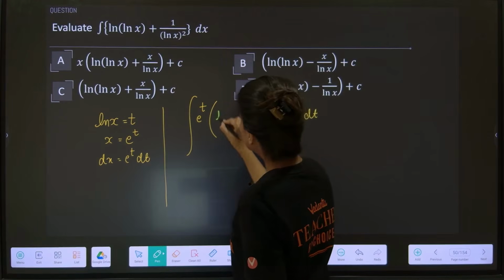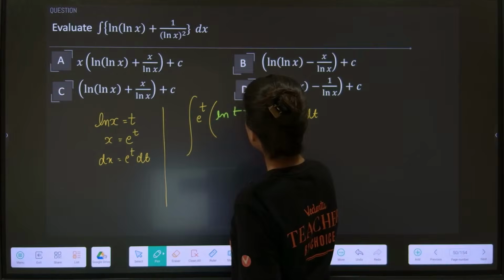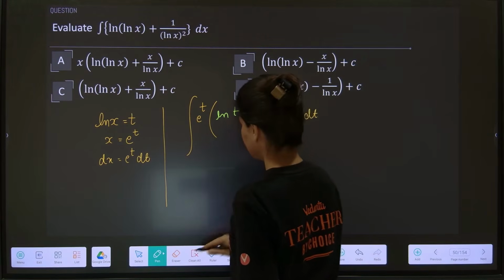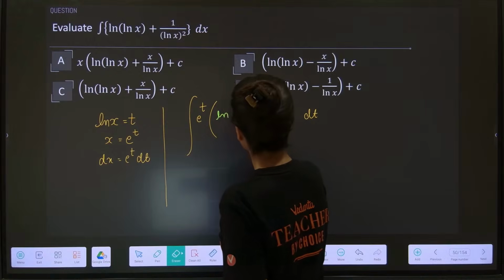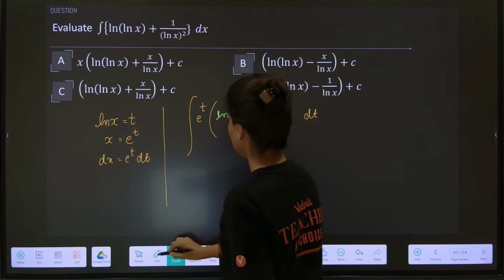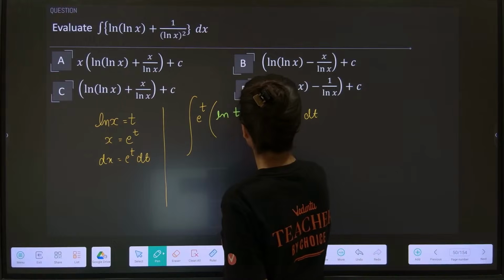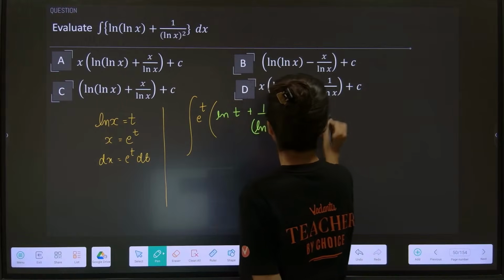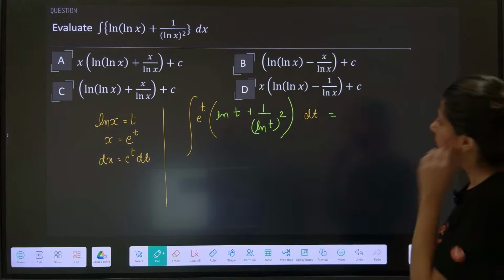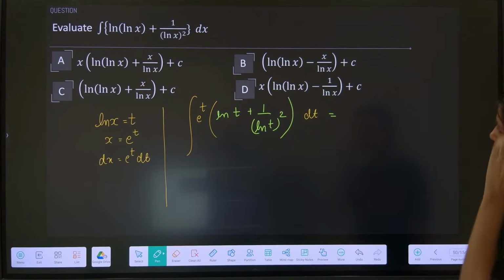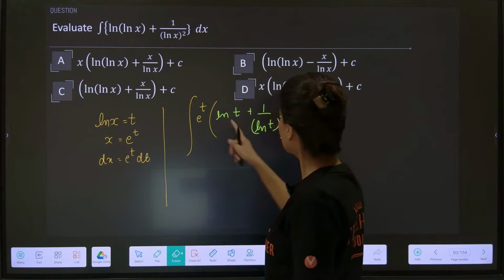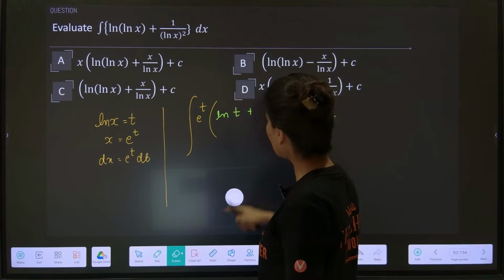Now ln t plus 1 upon ln t square. Sorry. Not this. This is actually 1 by t square.